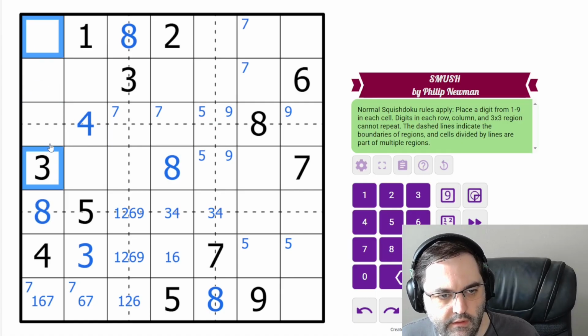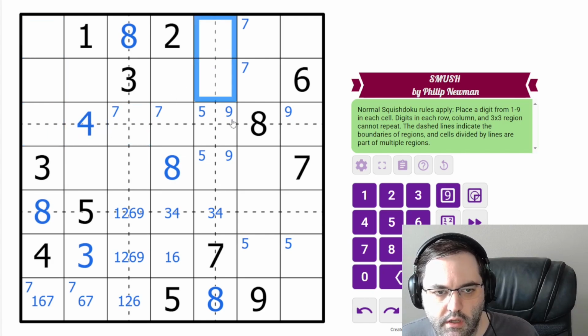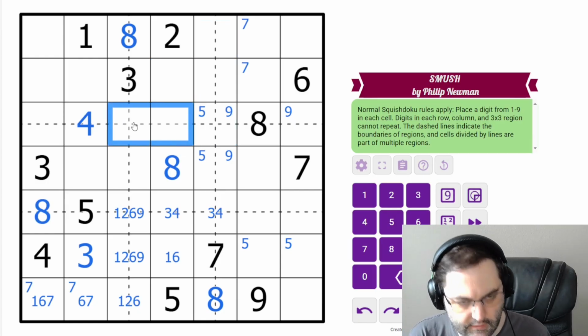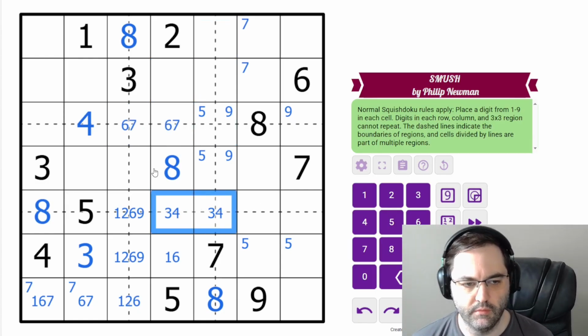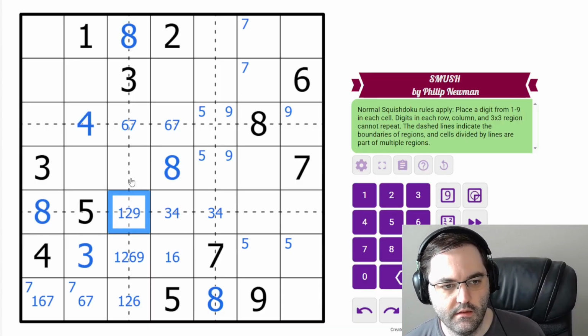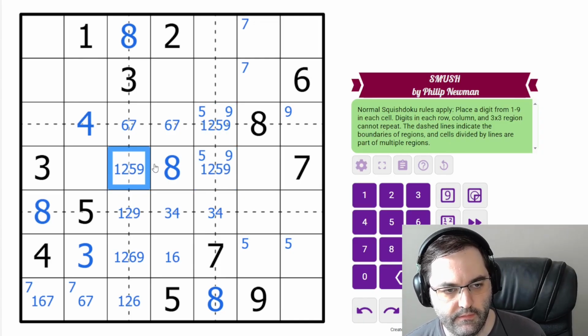6 is not in these, so we're going to have a 6 in one of these cells. 6 in this box can't go in any of these cells, so we end up with a 6, 7 pair as well, matching our 3, 4. So this is not 6. These are going to be from 1, 2, 5, and 9, and this is not a 5.